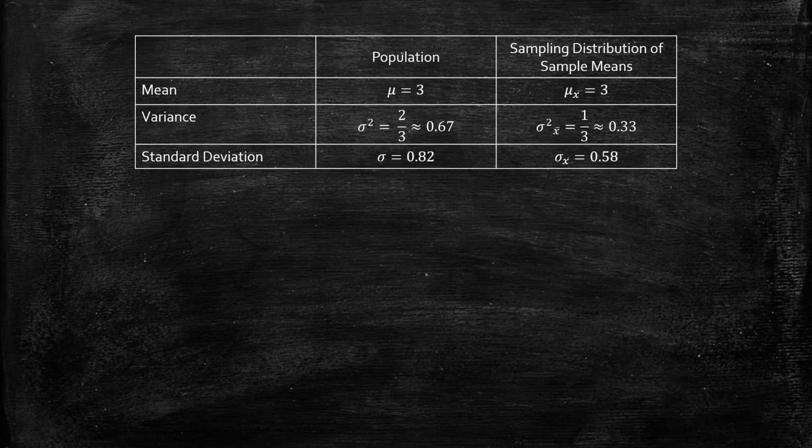We have here the table showing the summary of the results that we got in computing the mean, variance, and standard deviation of the population and the sampling distribution of sample means. Now, what have you noticed? In the first row, you can see that the population mean and the mean of the sampling distribution of sample means are equal, right? How about its variance and standard deviation?